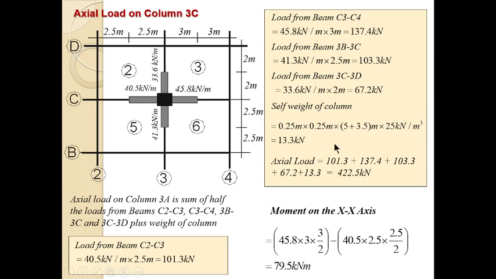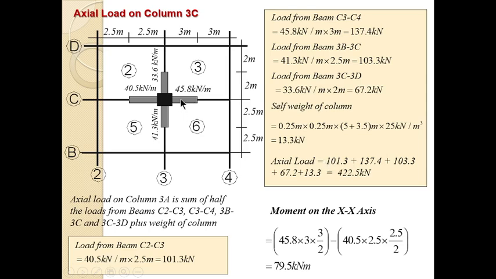Remember, the ground floor was 5 meter and the first floor was 3.5. So the total height is 5 plus 3.5. You multiply everything by the unit weight of concrete, and that gives you a load of 18.3 kilonewton.